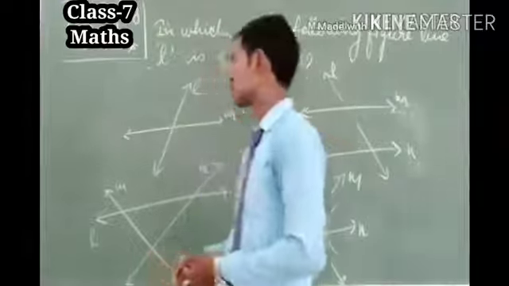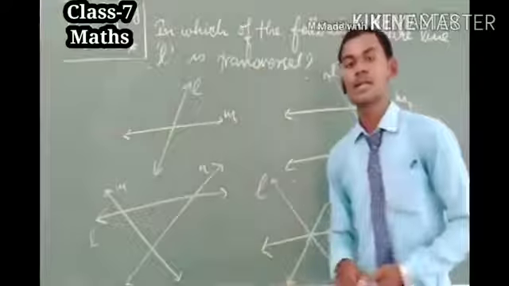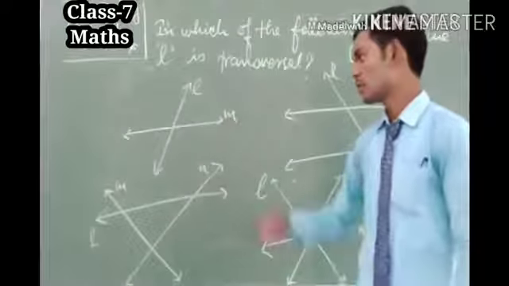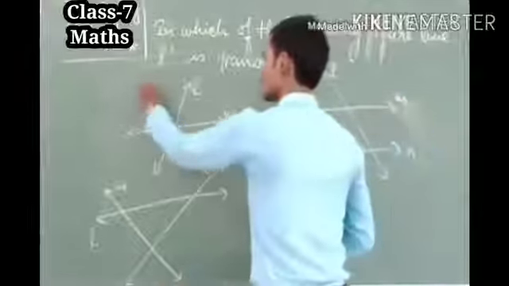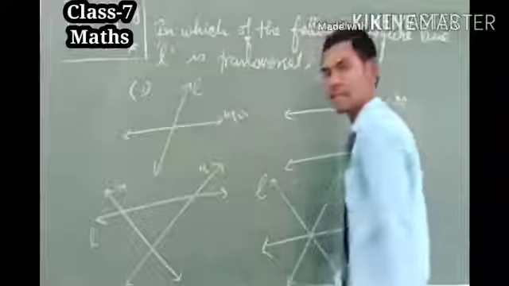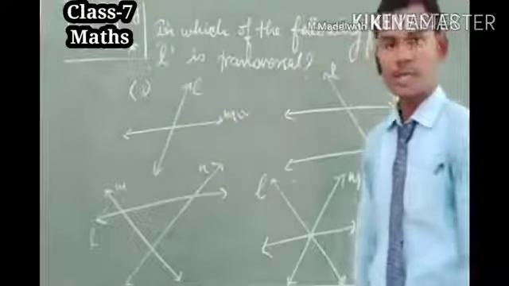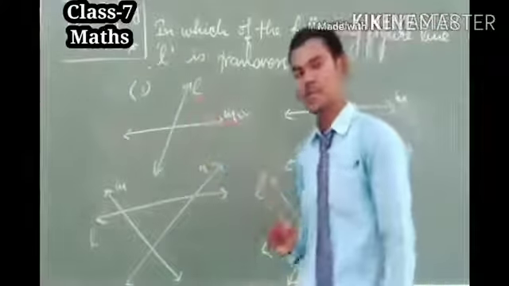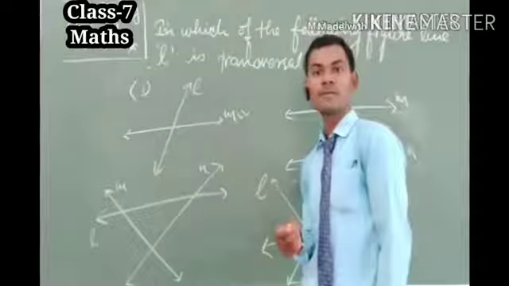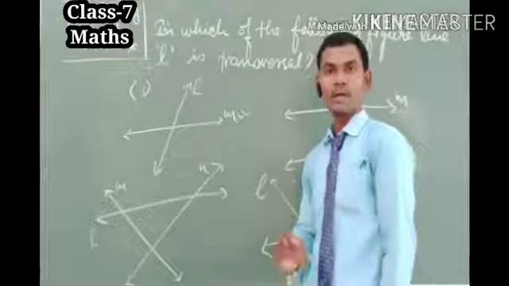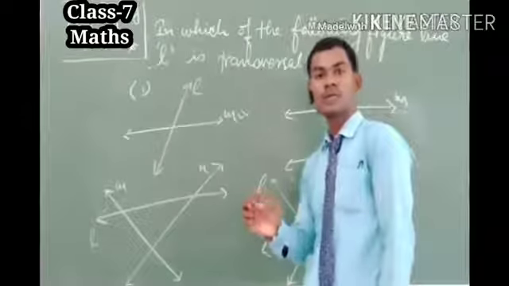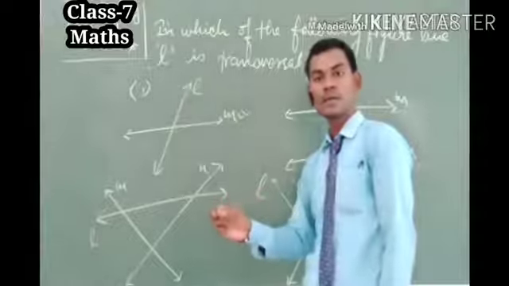So the question here is to find whether the line L is a transversal or not. In the first figure, we see that only one line, M, is given, and the line L intersects it. According to the definition, a line which intersects two or more lines means there should be at least two lines given.